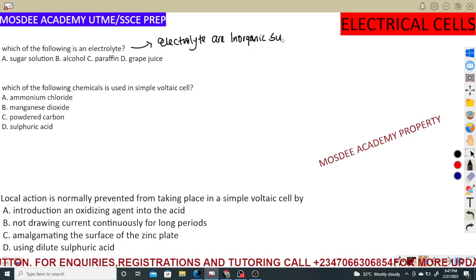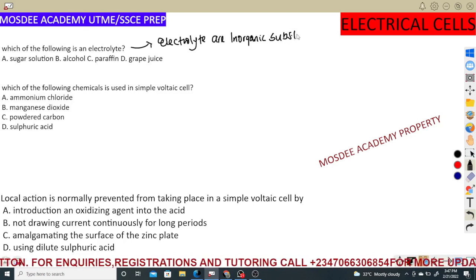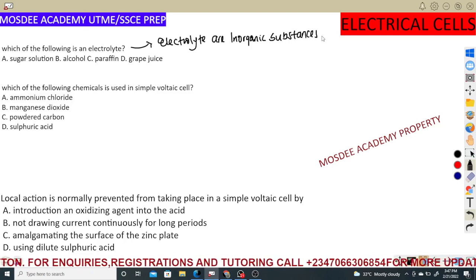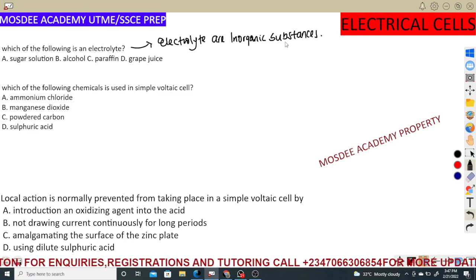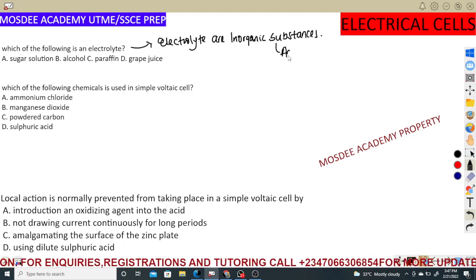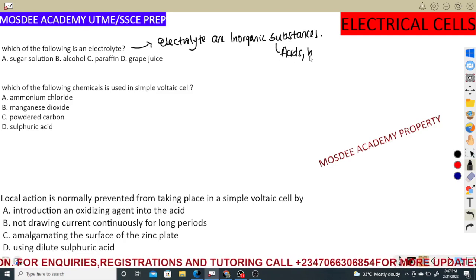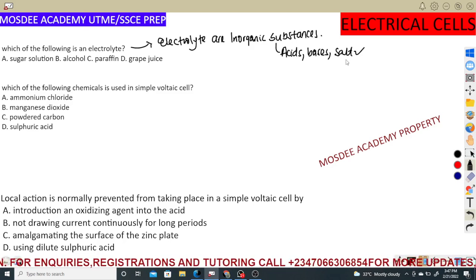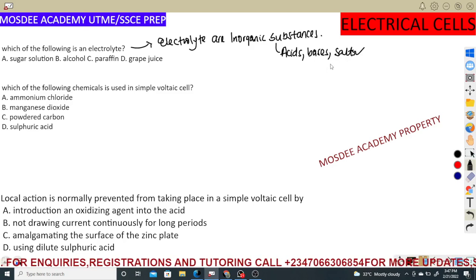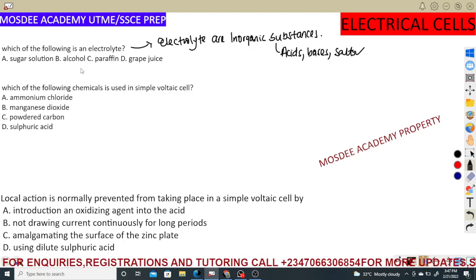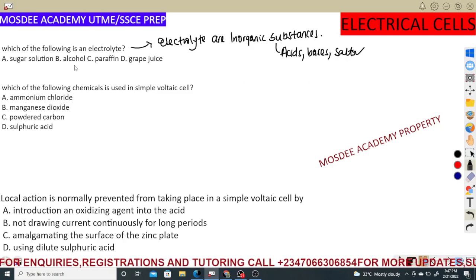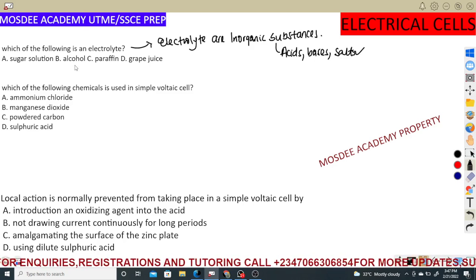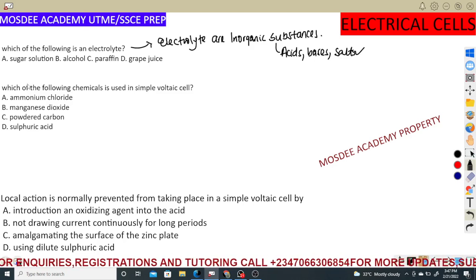In your subject of electrolysis and electrochemical series, you might have studied that. Inorganic substances are majorly acids, bases, and salts. Those are the basic things you use as your electrolyte. So it's simple to know the answer: just go for the one that you think is an electrolyte.